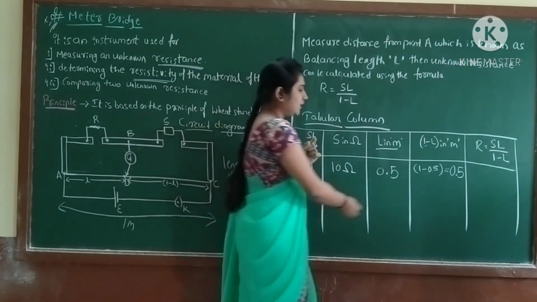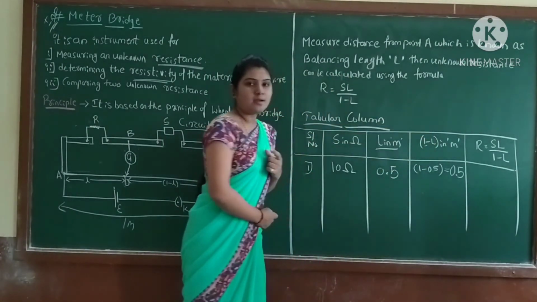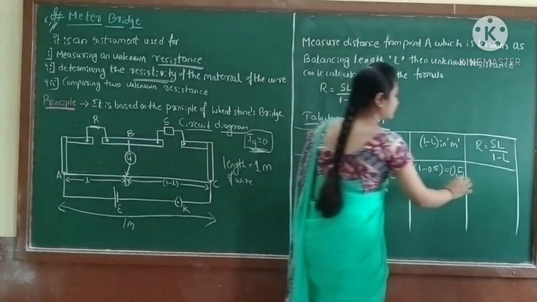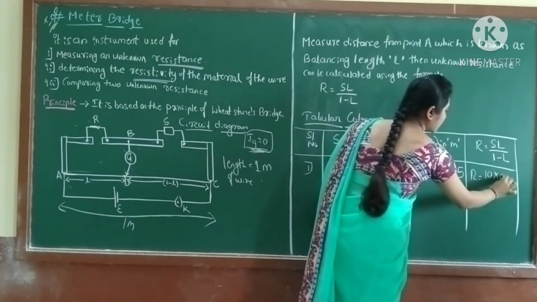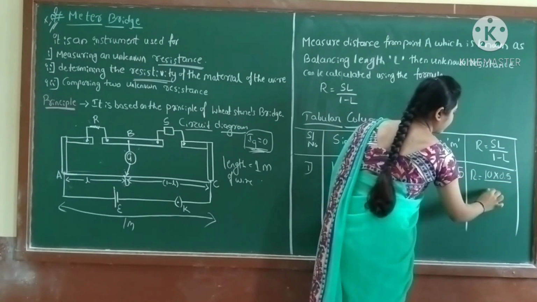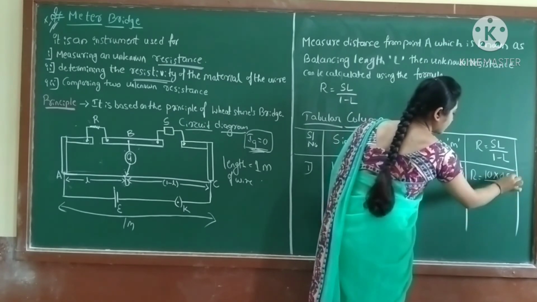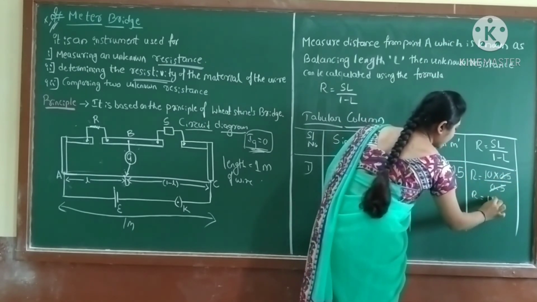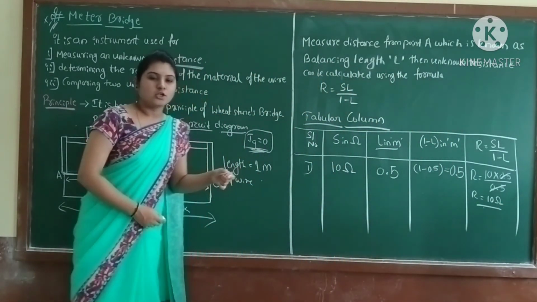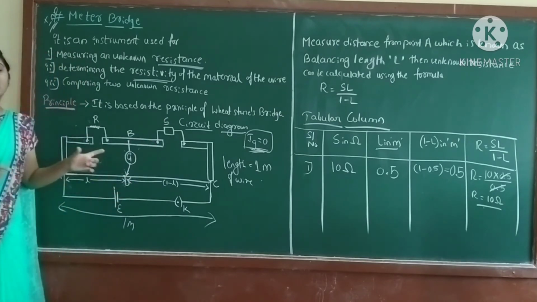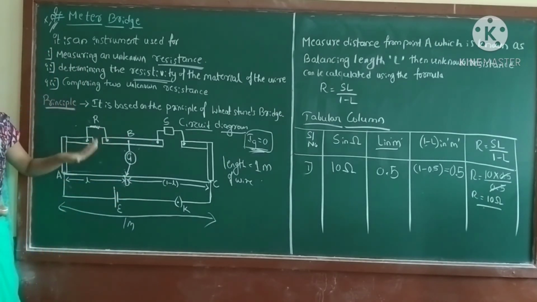Then all these values we put in that formula. R is equal to 10 into L, how much? 0.5 divided by 0.5. It will get cancelled and what it becomes? 10 ohm. Right? So this is the working of the meter bridge.